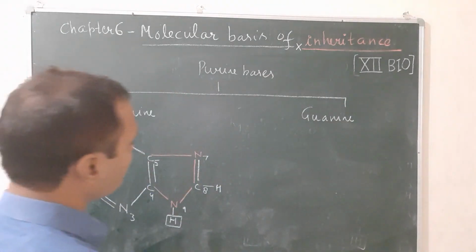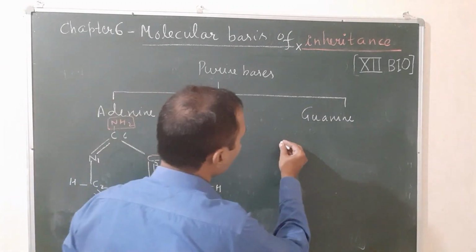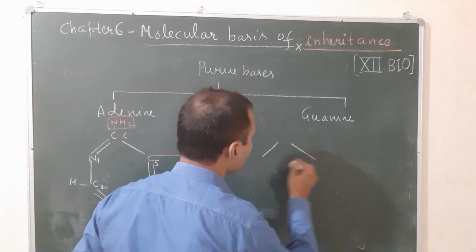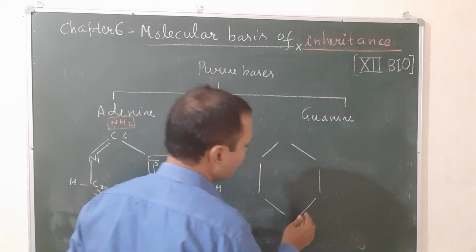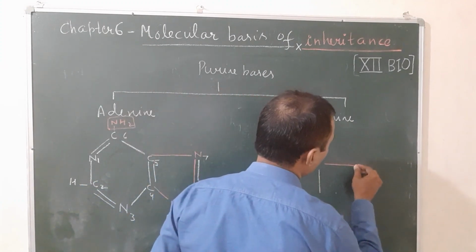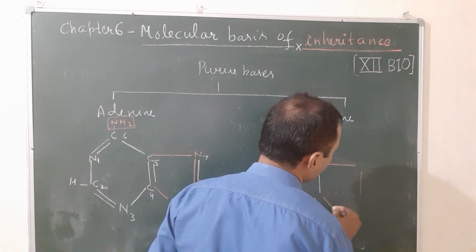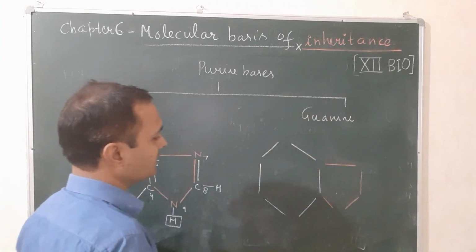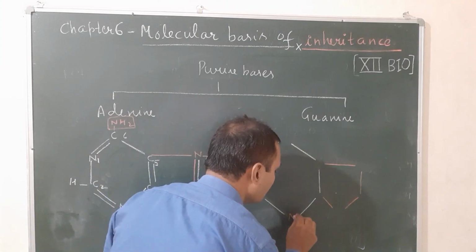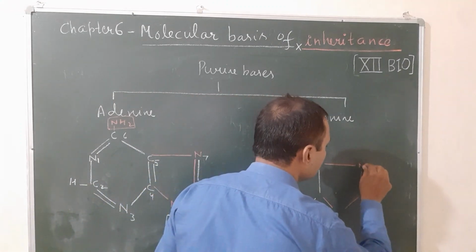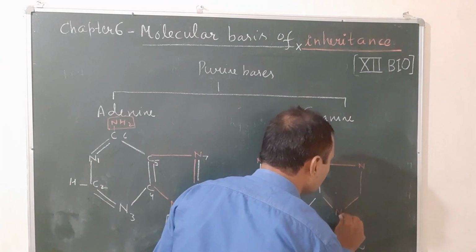Let us see the structure of guanine. Again you will draw the six-membered ring and replace first and third position by nitrogen. Okay, and in the second ring, the 7th and 9th position contain nitrogen. The first position is nitrogen, third position also nitrogen, then 7th position nitrogen, and 9th position nitrogen.